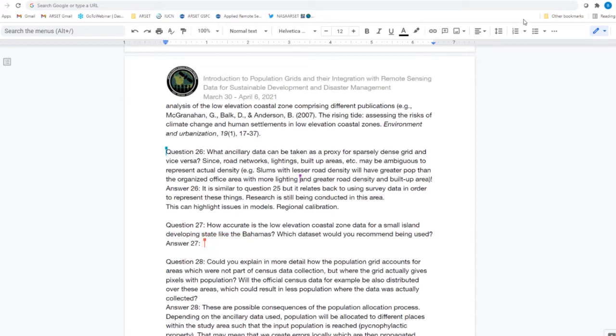Yeah, I mentioned the low elevation coastal zone study that was a global study done using SRTM to define the coastal zone. And SRTM is a good, consistent global data set. But in small island states, what would be ideal is if you can obtain local elevation models to define your coastal zone.